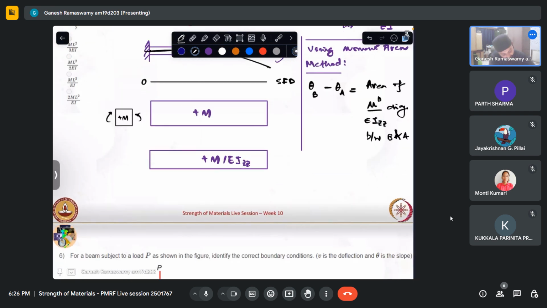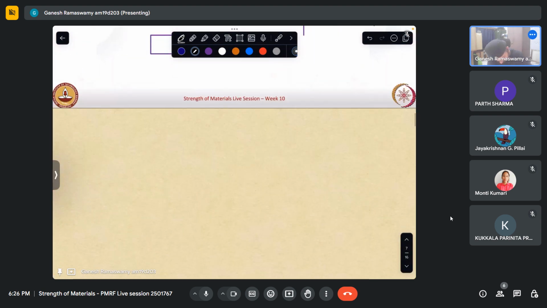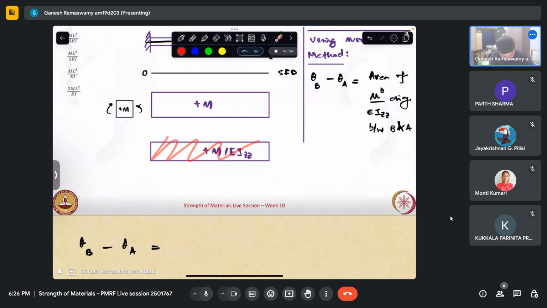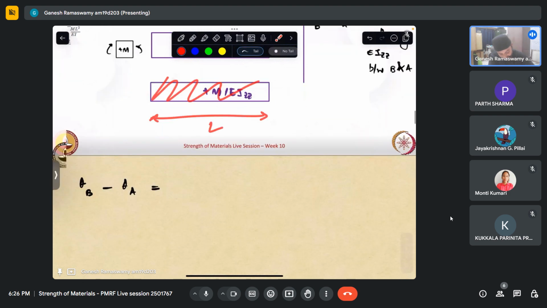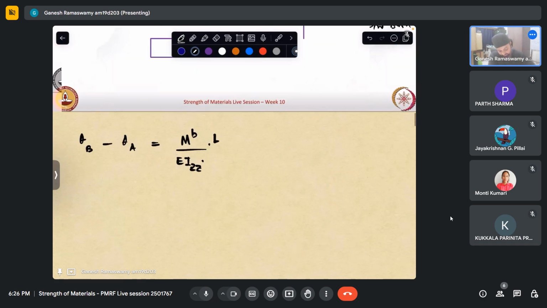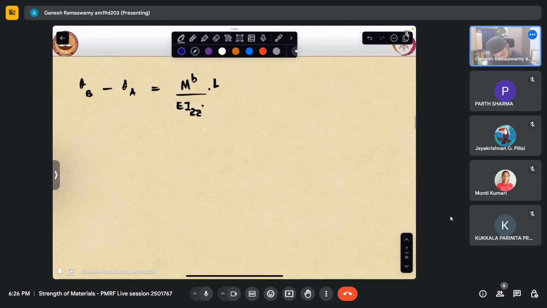Therefore theta B minus theta A is the area of this. If this is L, it is nothing but MB by EIZZ into L. Now from the problem, I know that for the fixed end, my slope is 0. So theta A is actually 0 for this problem.